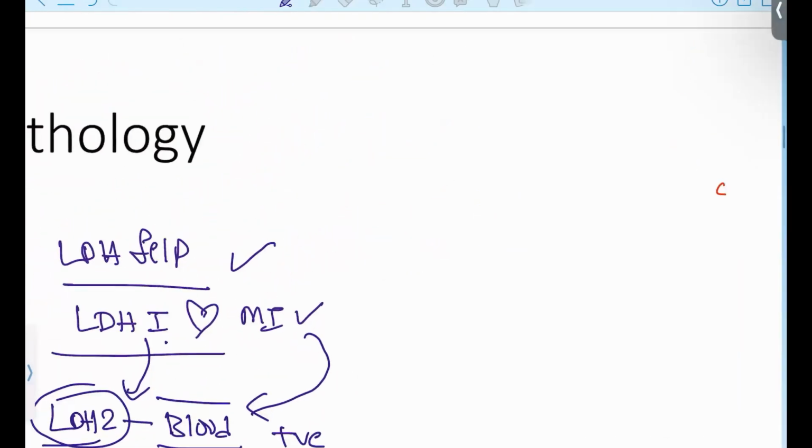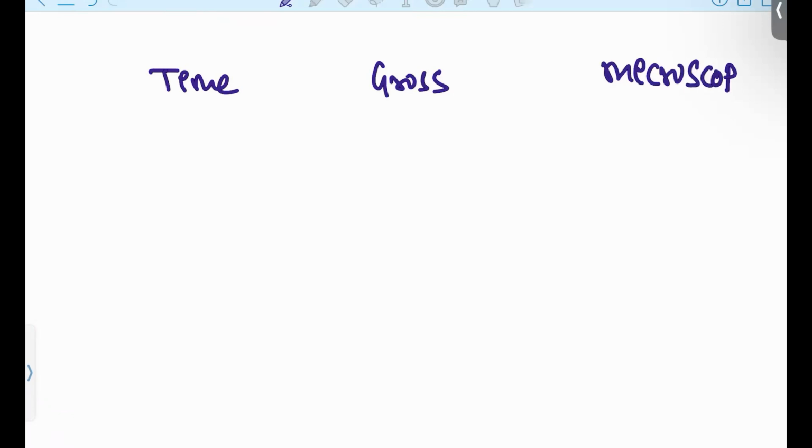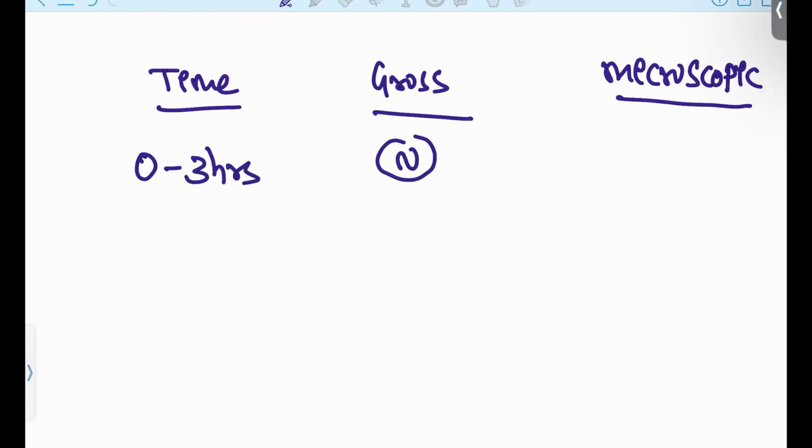Okay, next. Also the changes. Basically, what are the changes seen in MI patients by time and gross appearance? In the early period, 0 to 3 hours, it is normal only. On the gross picture, you don't see anything.